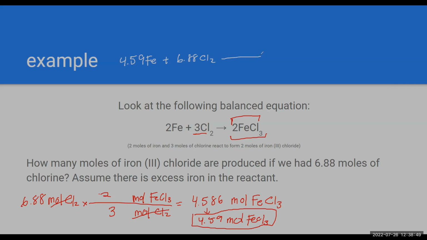And that's going to generate us a total of 4.59 moles of FeCl3. So all it's really doing is following the same ratio that you see in this balanced equation. So you can see that 6.88 is roughly 1.5 times the multiplier of the iron. And you can see the amount of iron and iron 3 chloride are going to be the same number of moles, because in the beginning, we start with 2 moles. In the end, we end with 2 moles for the iron and iron 3 chloride.